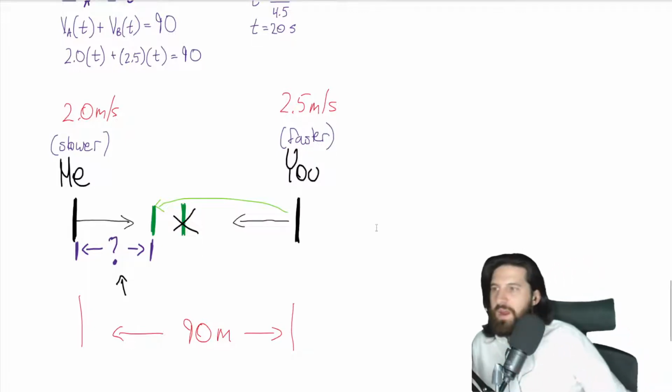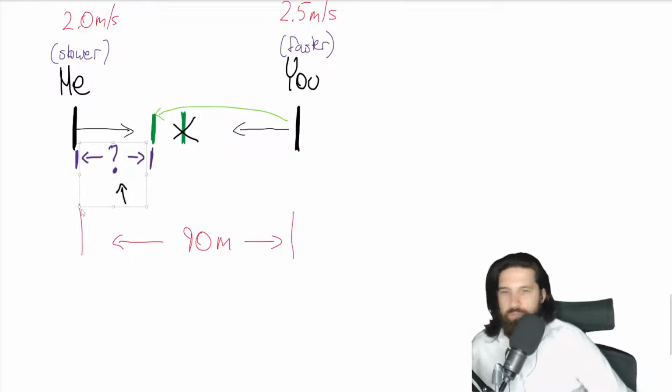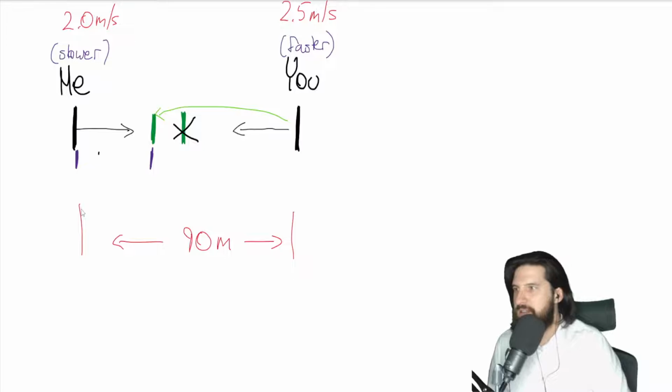And so the way that we do this is we add up your two distances. This is my distance, and this is your distance.